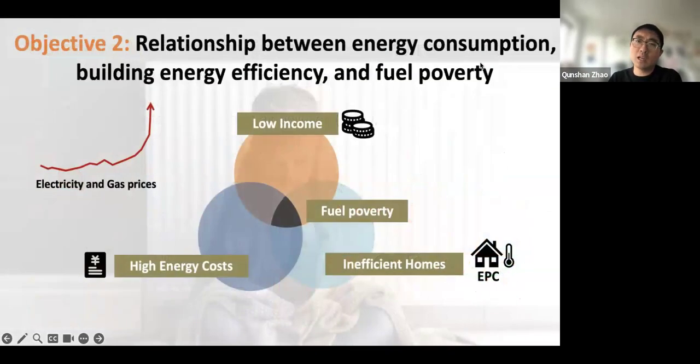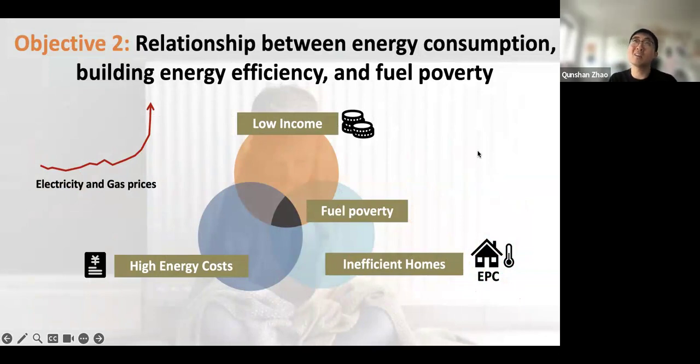But the other thing is that electricity and gas prices increased significantly because of the Ukraine war in Europe. It was a big shock back in 2022, and the entire euro area suffered really high gas and electricity prices.